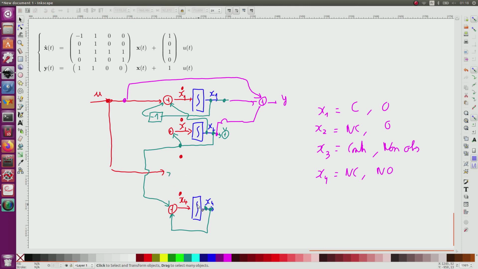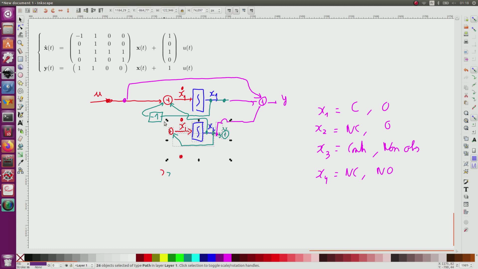Okay. Now, if I am now this one, there is no possibility to go from x4 to y, so I can remove it. About x2, if I am here from u, I cannot reach this one, so I will remove it.